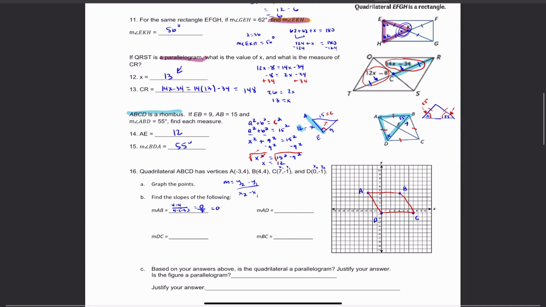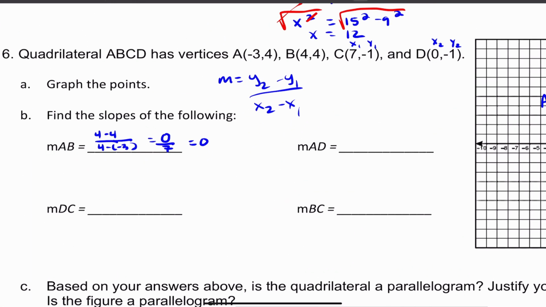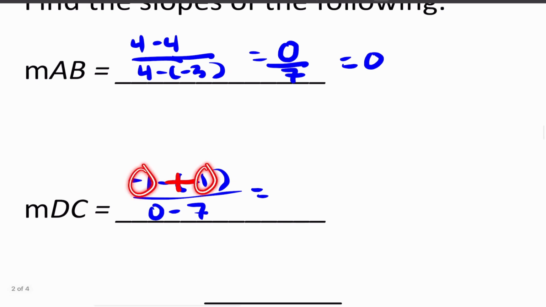Then x sub 2, y sub 2 for C. So we have y2 minus y1 all over 0 minus 7, -1 minus -1. That negative times a negative, y'all, remember, that's a positive. So you're really dealing with -1 plus 1, which is 0.